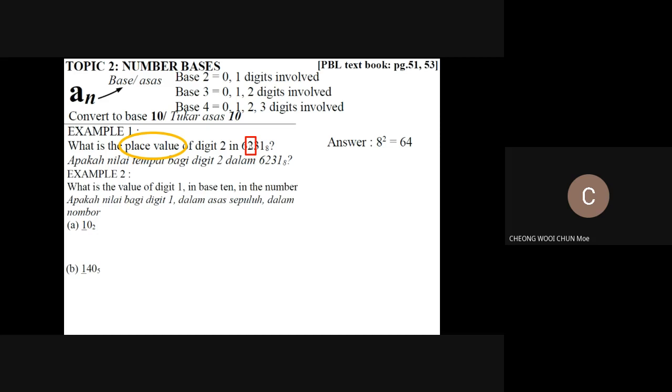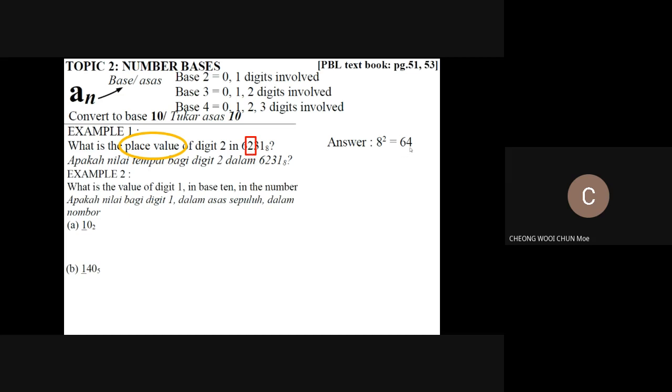The place value for base 8 is 8 power something. How do we know it is 2? It's not from this 2. It's from here. Here we start with 8 power 0, 8 power 1, 8 power 2, and this is 8 power 3. Because we want the place value of digit 2, it is 8 power 2.